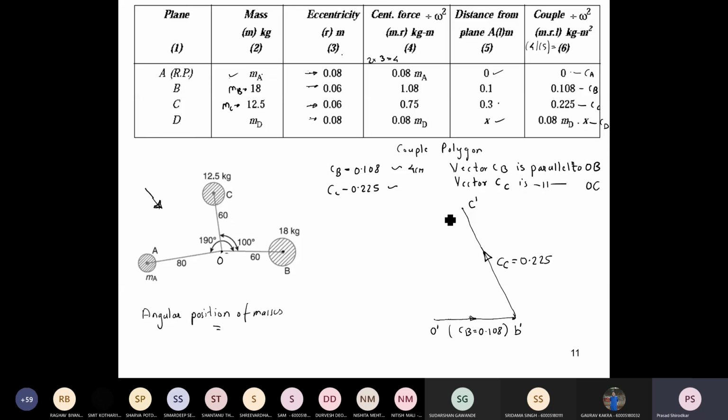Done up till this. So now again you have to convert C is equal to 0.225 into a suitable scale. So if I take 0.10 as 4 centimeters, how much will be 0.225? You have to find the proportion.